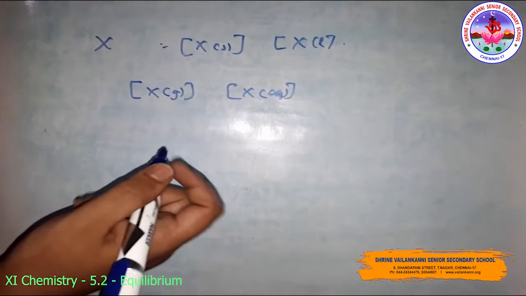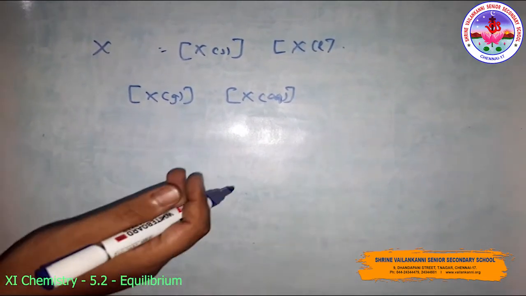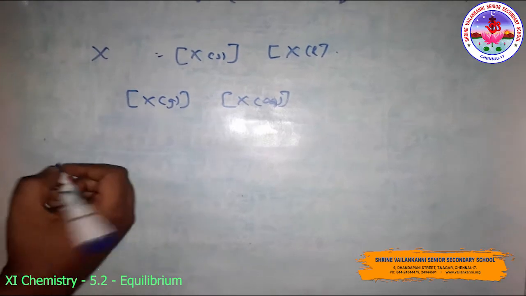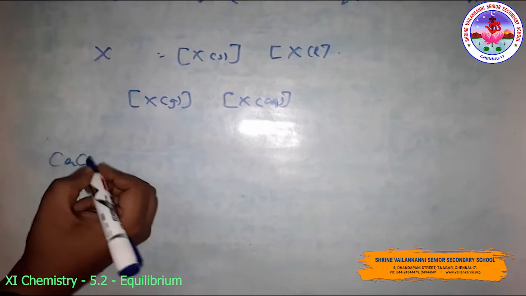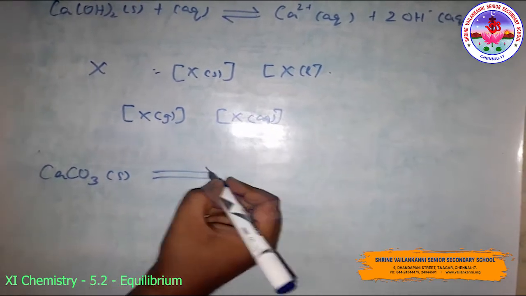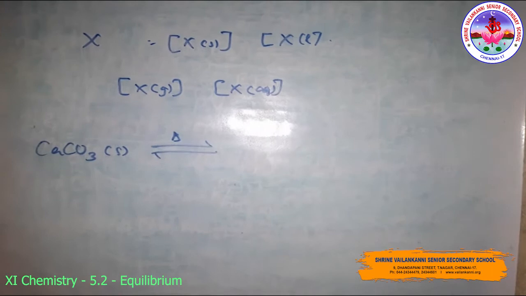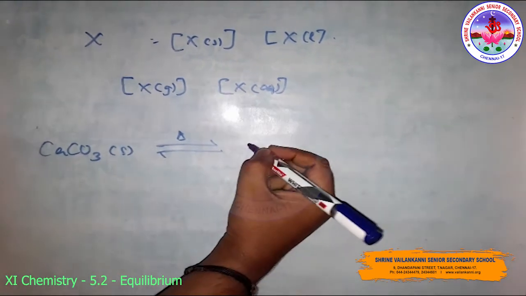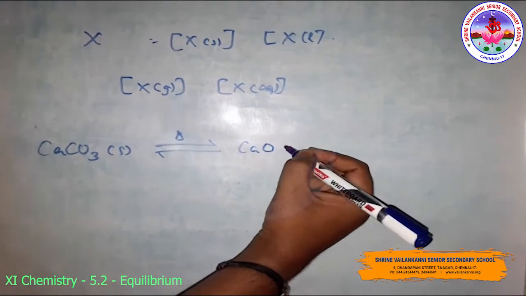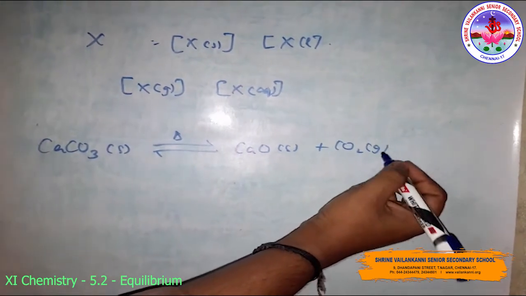Let us take the thermal dissociation of calcium carbonate, which is an interesting and important example of the heterogeneous equilibrium. So calcium carbonate thermal dissociation, that is thermal decomposition, gives calcium oxide solid and the carbon dioxide gas.